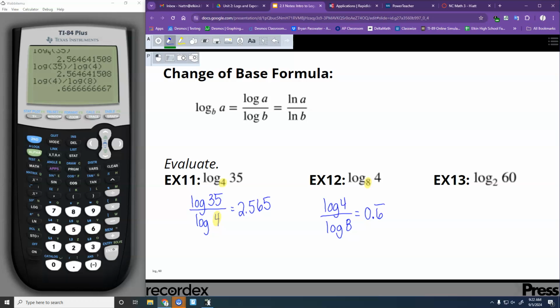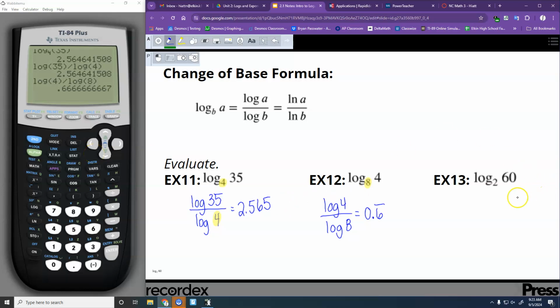Okay. Now, you don't have to use the change of base formula. I like to, plus there's going to be a couple places where it shows up later where we have to use it. But we can type it in without it. This is just for like typing it into the calculator. So what we were doing before is rewriting. That's going to be different.